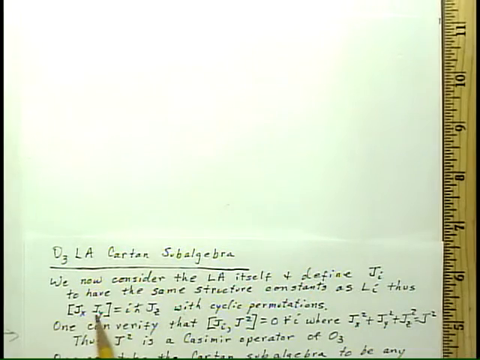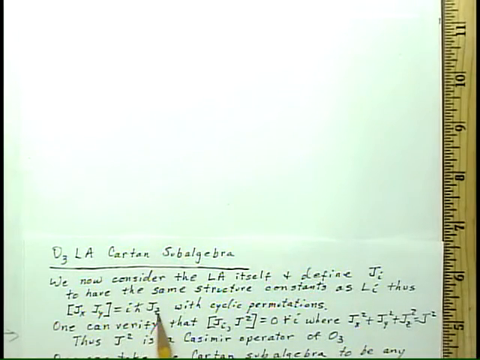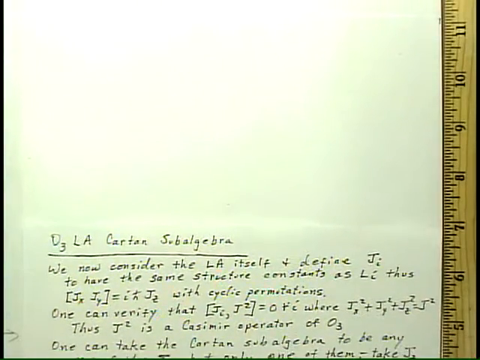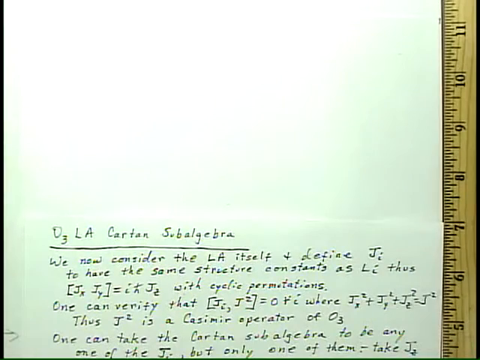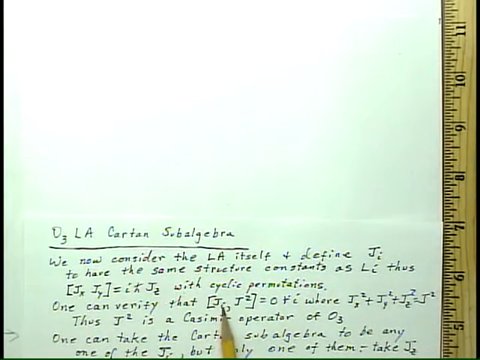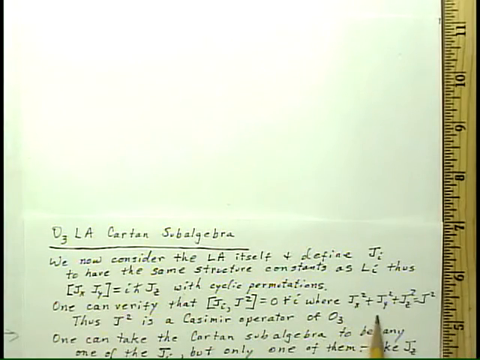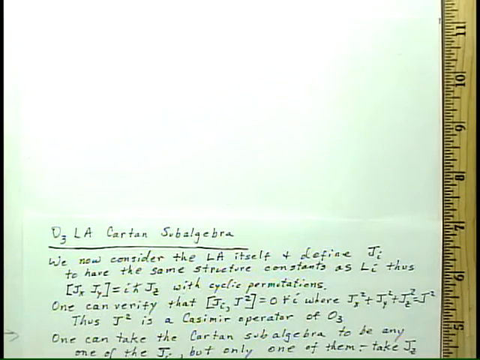We define [Jx, Jy] as iħ Jz with cyclic permutations. It's very easy to check from that simple commutation rule that each of the J's will commute with J squared, where our J squared is Jx squared plus Jy squared plus Jz squared. And that is, by definition, giving us our total J squared.